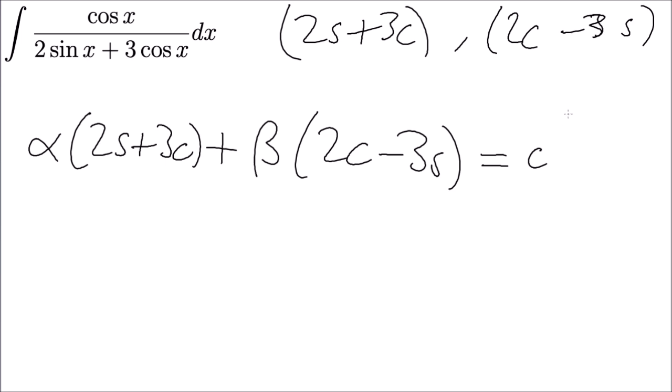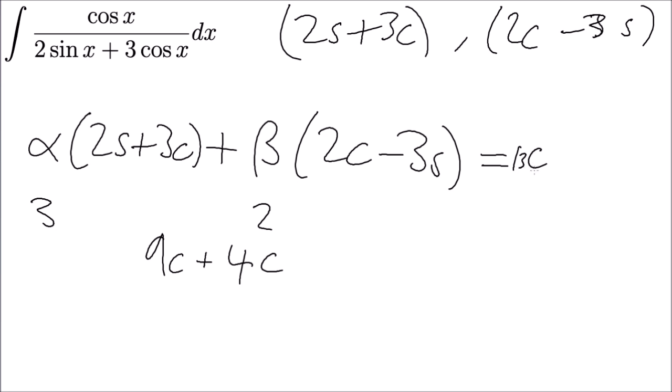But I don't know. If I let alpha equal 3, right, because I want to cancel out sine. So if I let this be 2, now if I let this be 3, let's see, 9 cosine plus 4 cosine will give me 13.